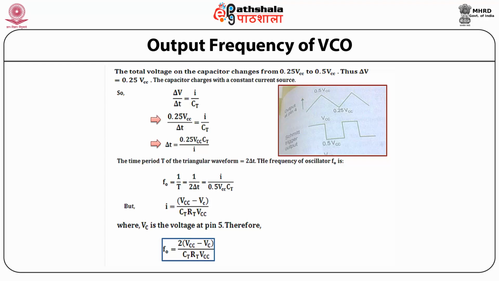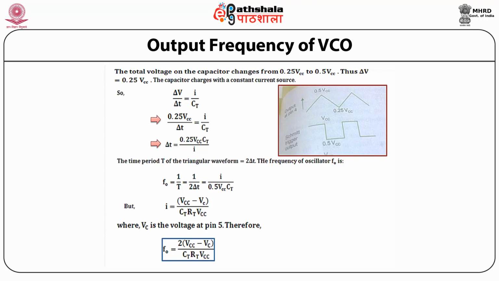So, delta V by delta T equals I by CT, which implies 0.25 VCC divided by delta T equals I by CT. So, calculating delta T, we have it is equal to 0.25 VCC CT by I.